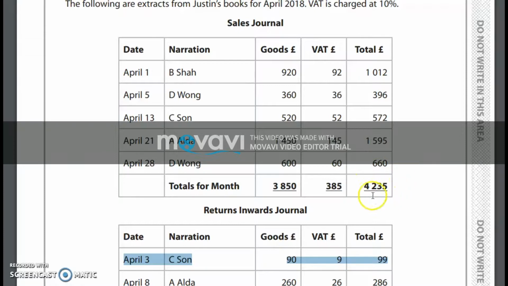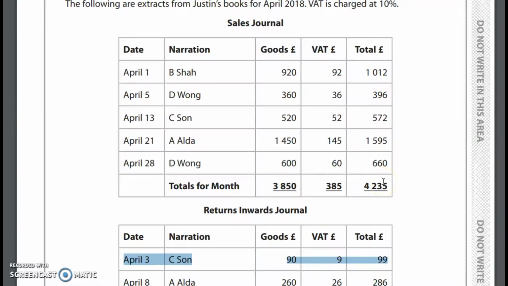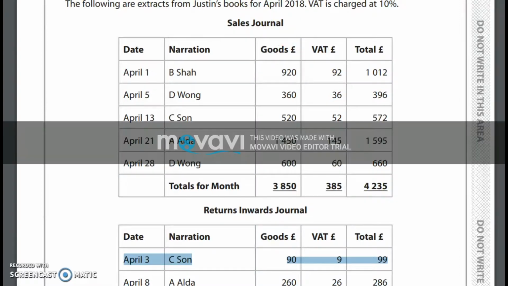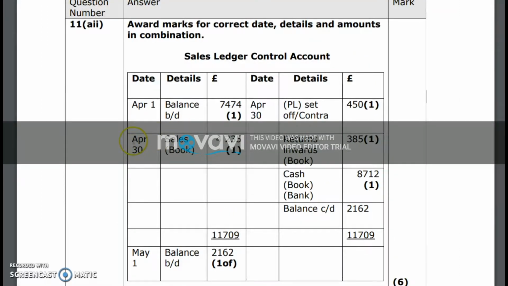This is the total amount the trade receivables owe us. So when the trade receivables owe us, the amount that they have to pay increases. Therefore, the sales value should be debited in the sales ledger control account. So on April 30th, sales, the figure will be 4235, the total figure.